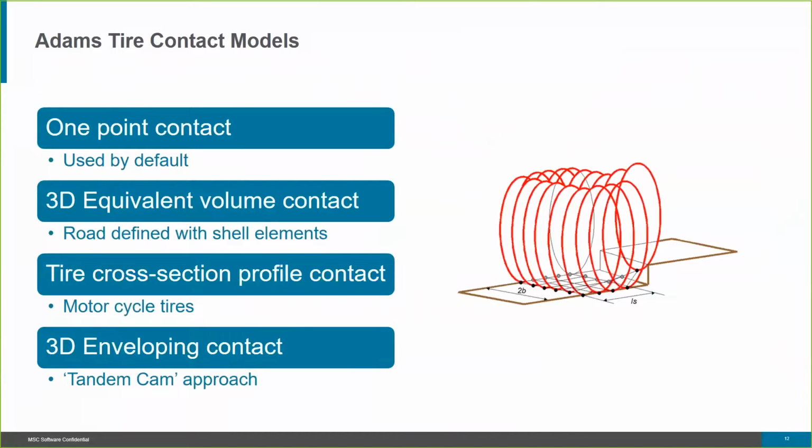By default, the tire models use the 1-point contact, but what's even more accurate is the 3D equivalent volume contact, where the road is defined with shell elements, like we mentioned earlier in the last couple slides, and the tire cross-section profile contact, which is more for motorcycle tires, is also a very accurate road profile for contacts, and the 3D enveloping contact, which is a tandem cam approach to enveloping the obstacles, the bumps, or the potholes, or the different rough surfaces in a road that are represented in this enveloping contact.